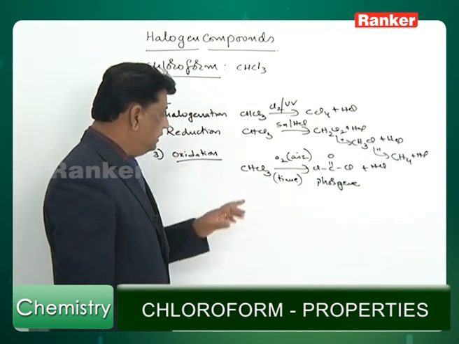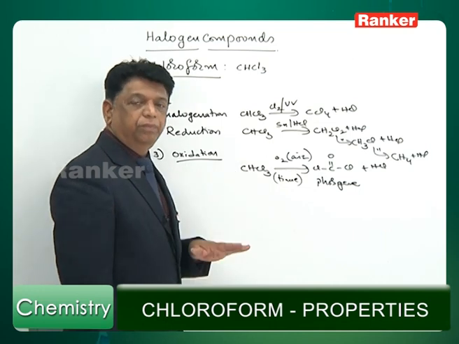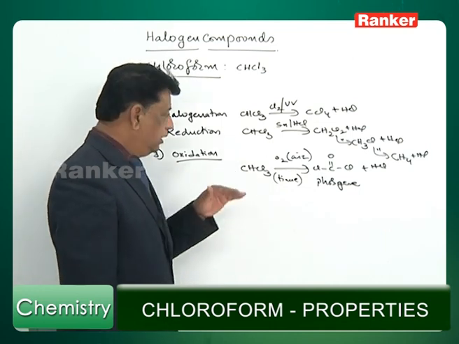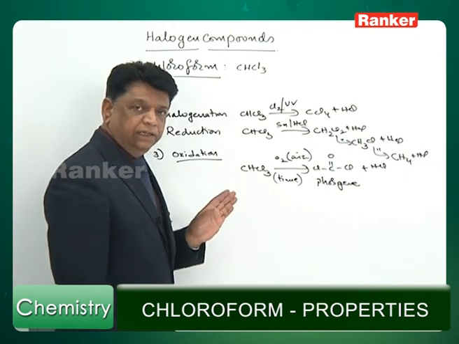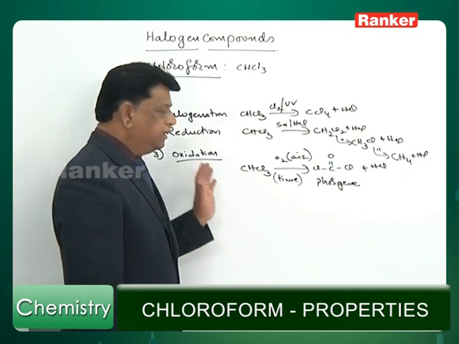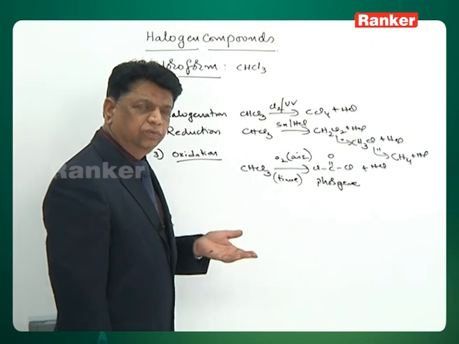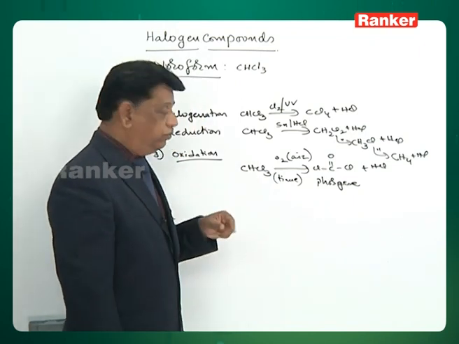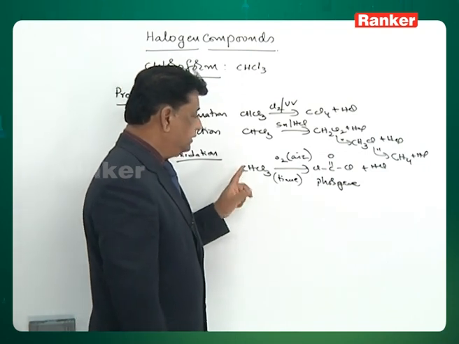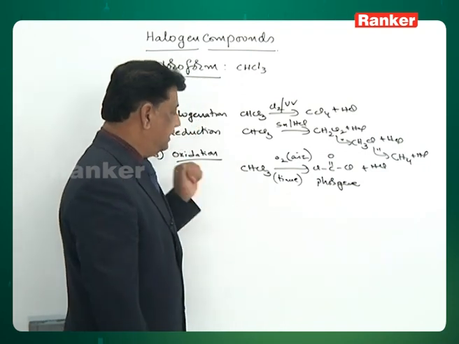In the hospitals, we use this chloroform for the patient, and it's a general anesthetic, unlike the local. So the patient will become unconscious and we do the operations and all that. So this chloroform is used as an anesthetic agent.